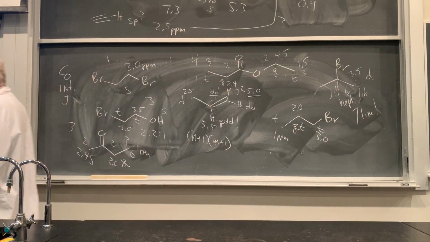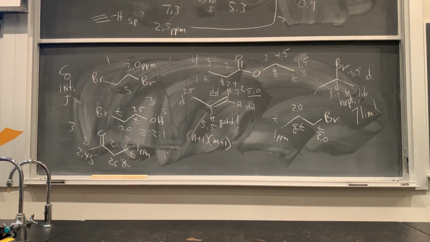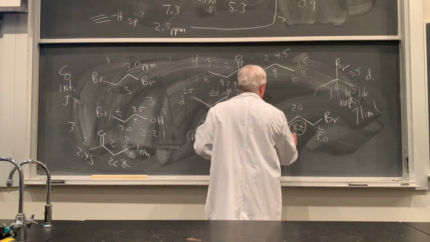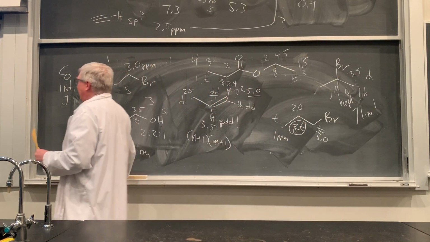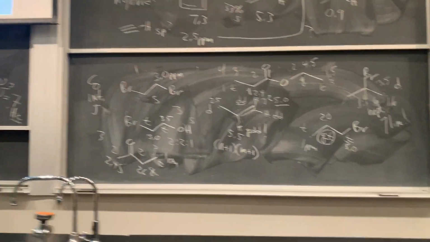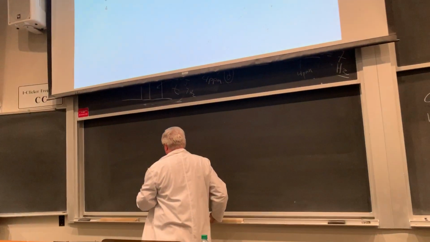All right, let's look at maybe one idea here on the board. Let's do this guy right here, a quartet and a triplet. In fact, let's make some more room over here. Now we'll go back up to the board there.